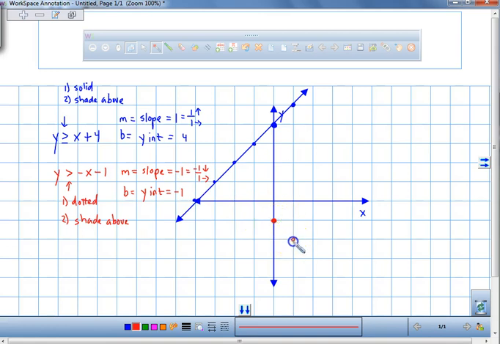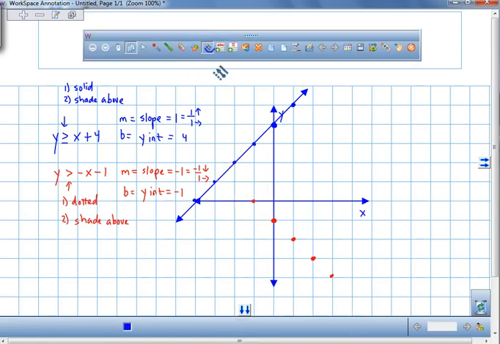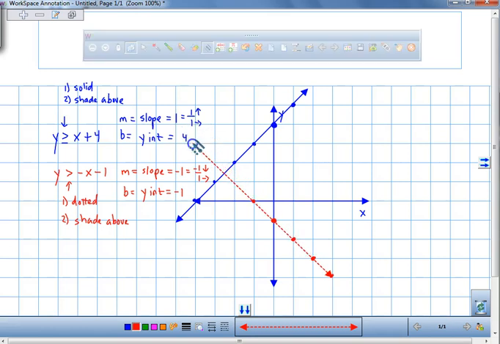Going to go down 1 and over 1 to the right, down 1 over 1 to the right, down 1 over 1 to the right. But you can see I could also do up 1 and over 1 to the left if I wanted to. But this line is not going to be solid. We have to change it to a dashed or a dotted line. Make sure it goes through all those points.